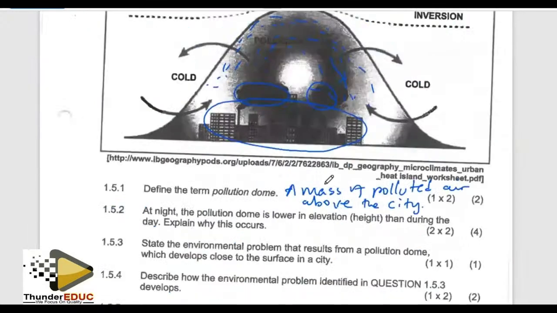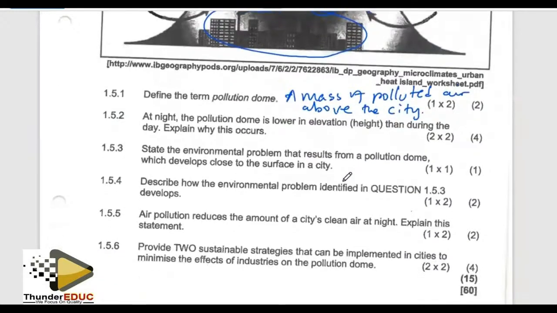Let's go to question 1.5.3. They say, state the environmental problem that results from a pollution dome which develops close to the surface in a city.